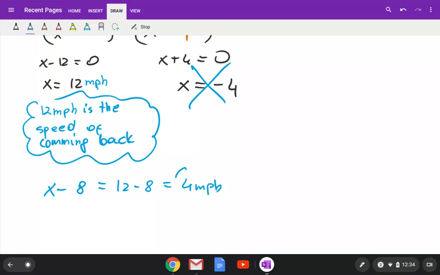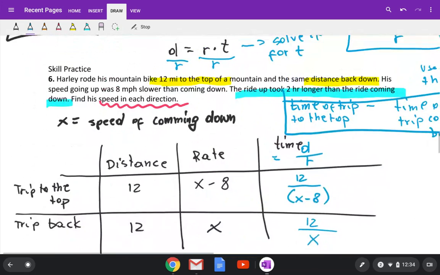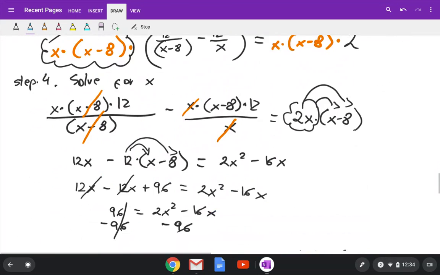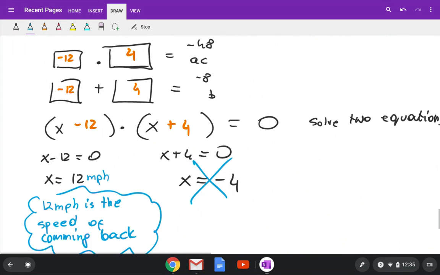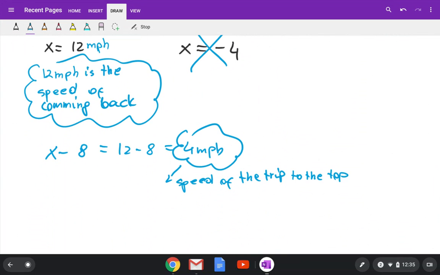And that's the speed of the trip to the top of the mountain.